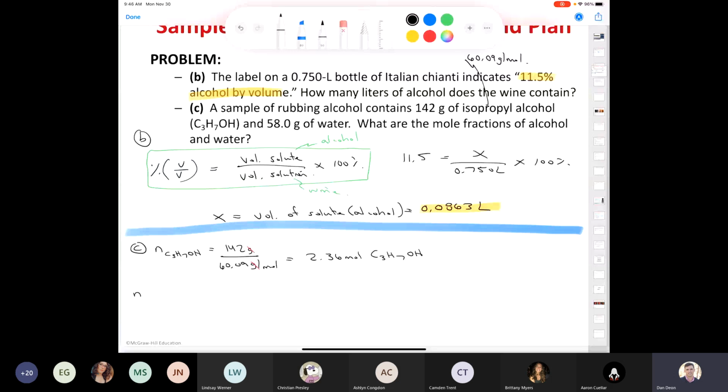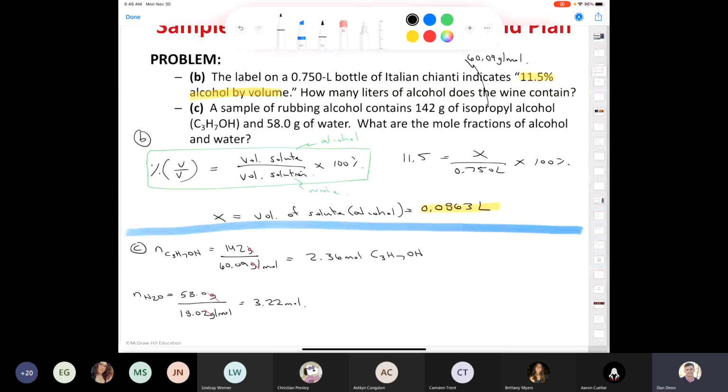Now we want to figure out the number of moles of H2O. I'm sure many people watching this video or in class right now have the molar mass of water memorized, 18.02 grams per mole. We see that grams cancel. We're left with the number of moles of water, and we get 3.22 moles of H2O.